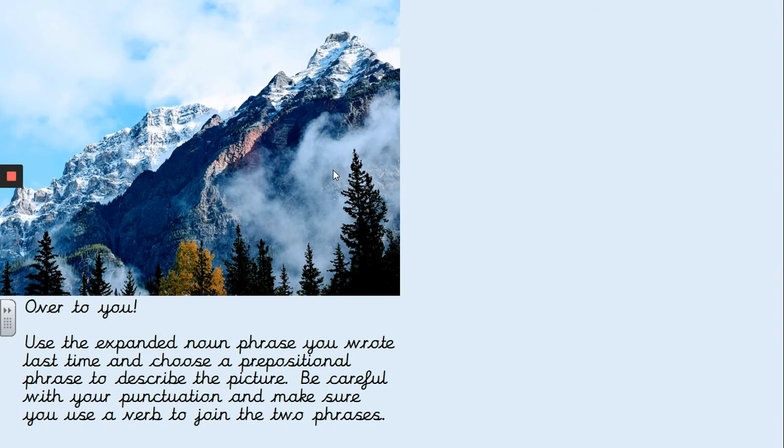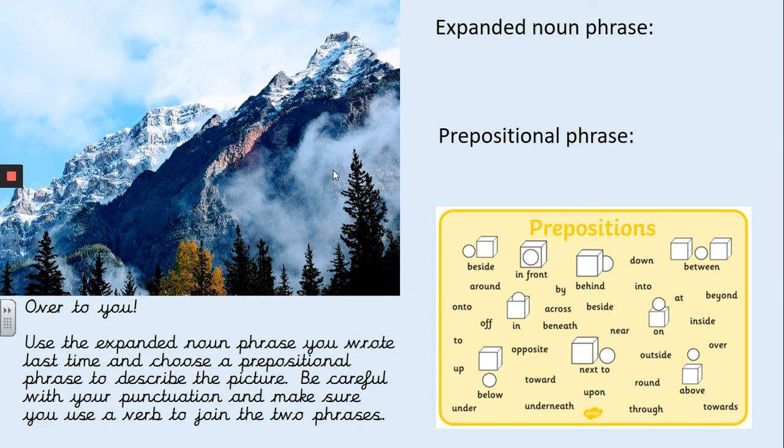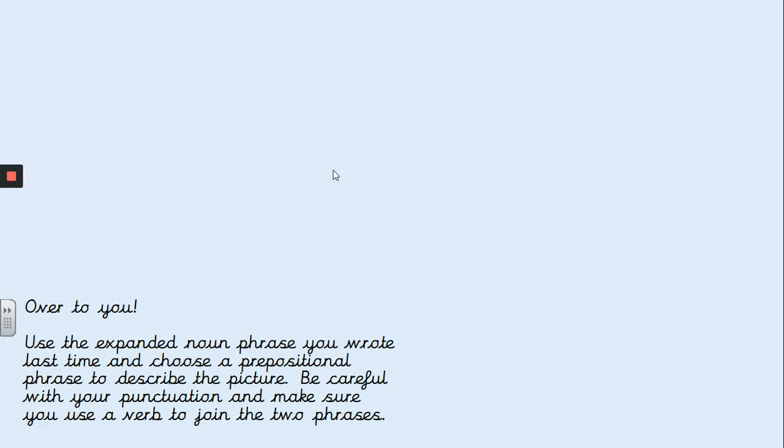So again, here's your next picture. Again, use your expanded noun phrase from yesterday. Write yourself a prepositional phrase, then put it all together into one sentence using a verb to join those two phrases together. So pause your video here. Okay.